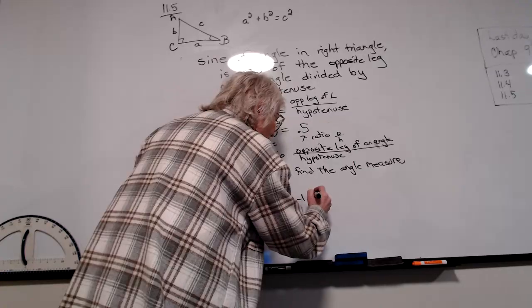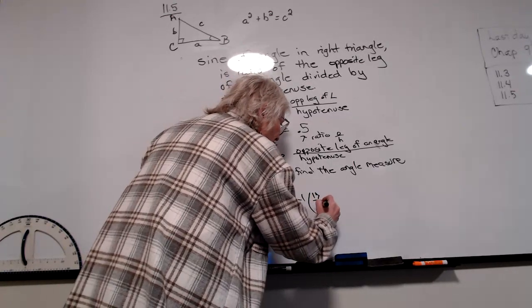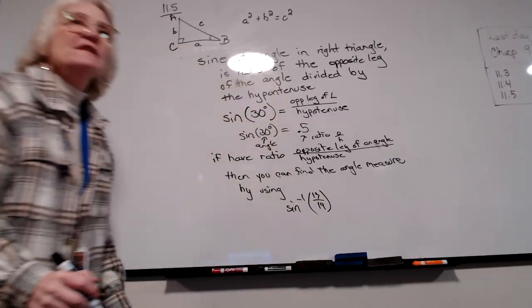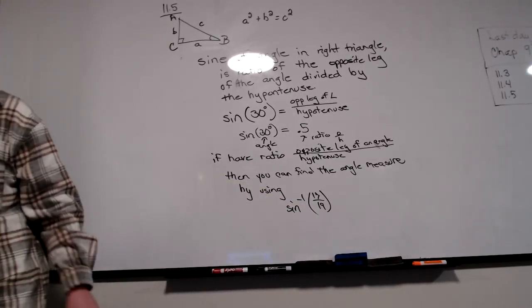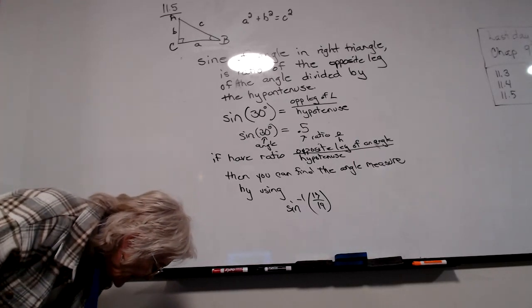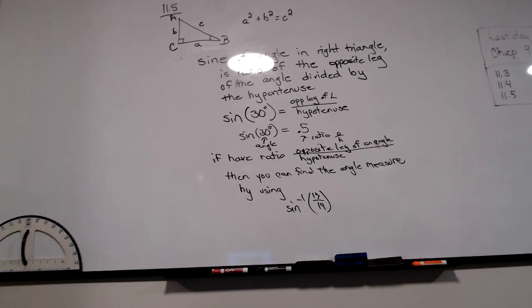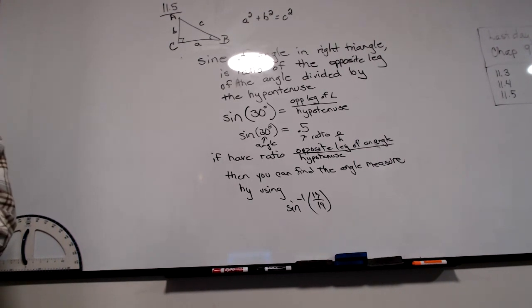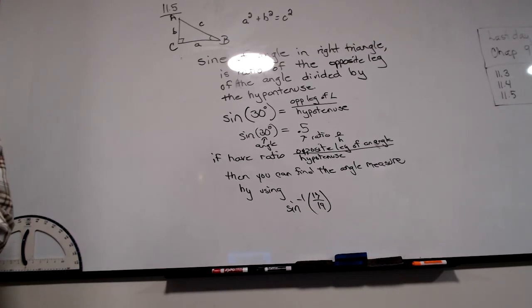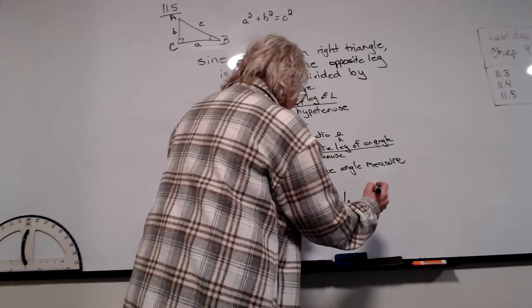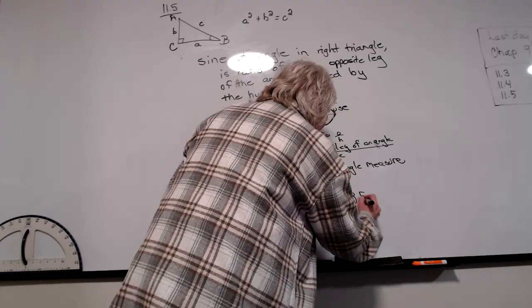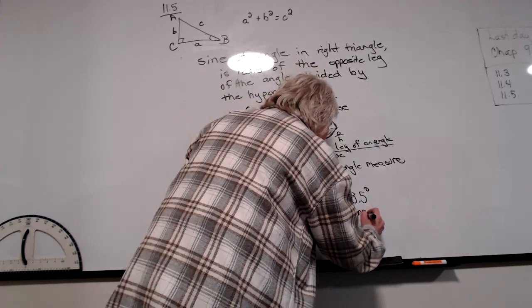So let's say I put 17 over 19. On these, the hypotenuse is always going to be the longer one. Just realize that when you're doing hypotenuse, it's always the longer side. So in this case, if I do inverse sine of 17 divided by 19, I come out with an angle of 63.5 degrees. So this is my angle.